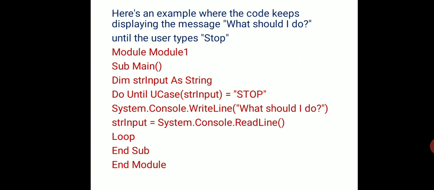If the user inputs stop with a capital S and small top, then it will convert it to capital STOP. So this program will do all this, printing "What should I do?", until the user inputs the string stop. Until then the loop will continue.